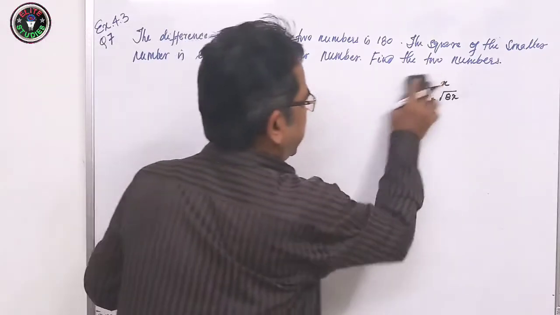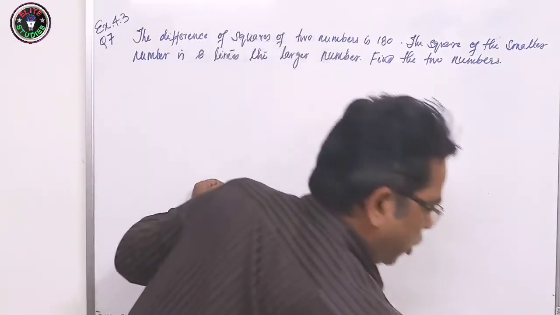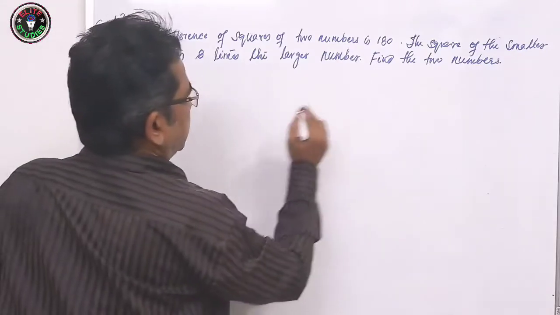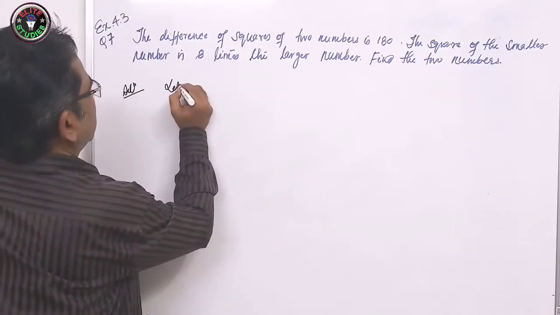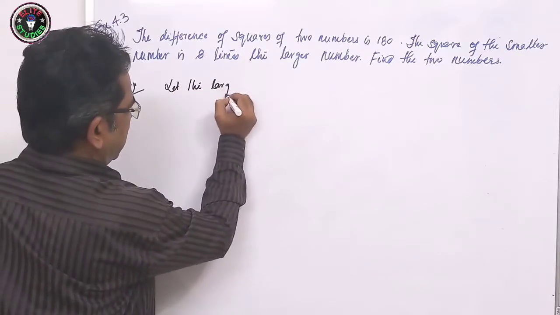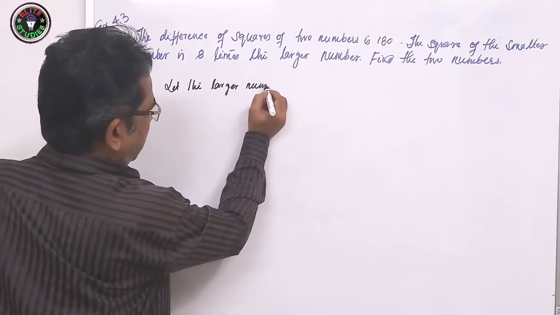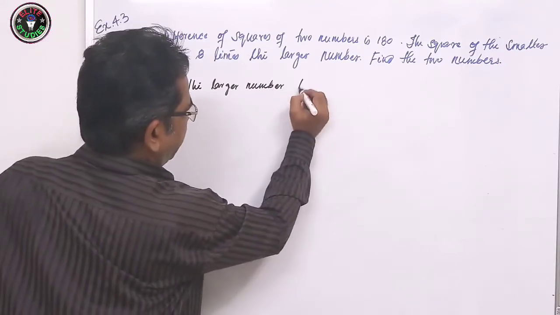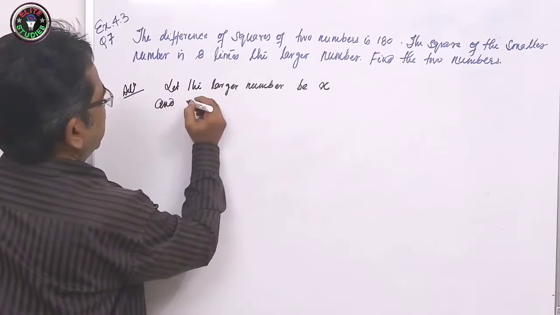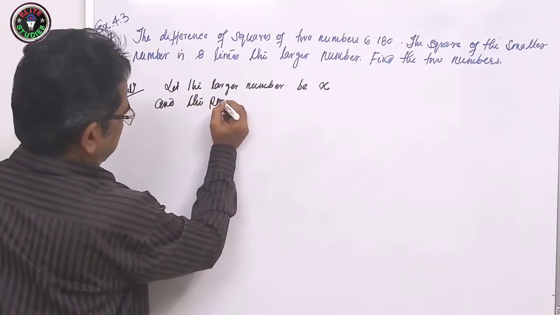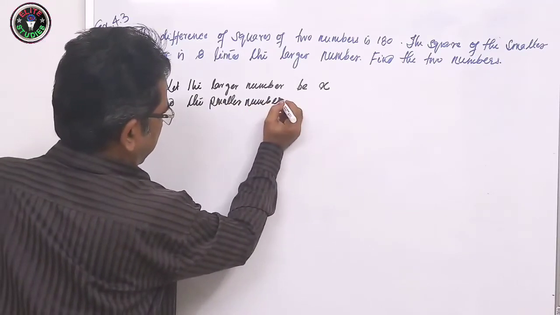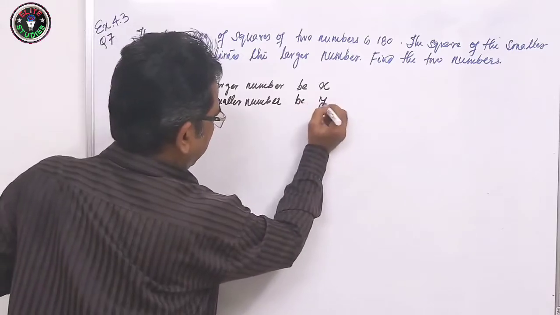So let's see the solution. Let the larger number be x and the smaller number be y.